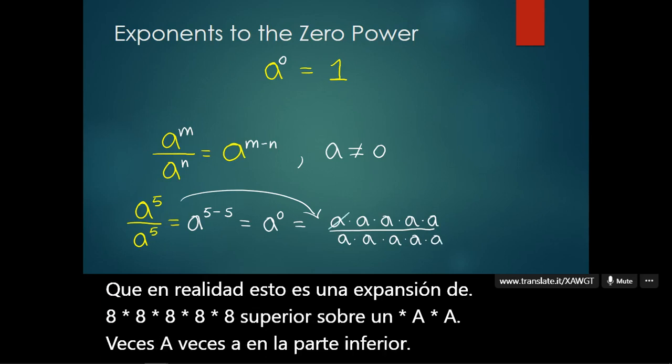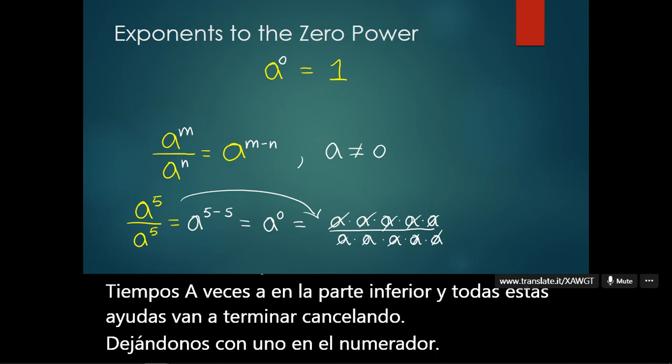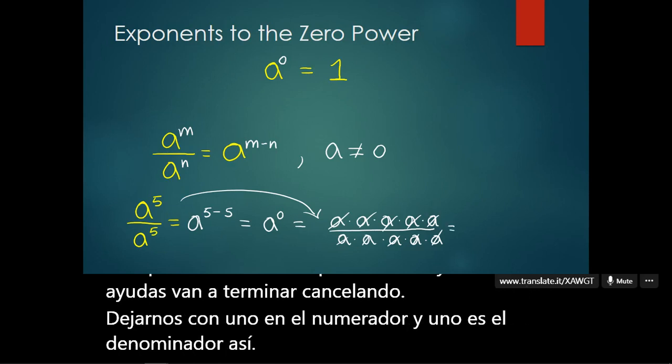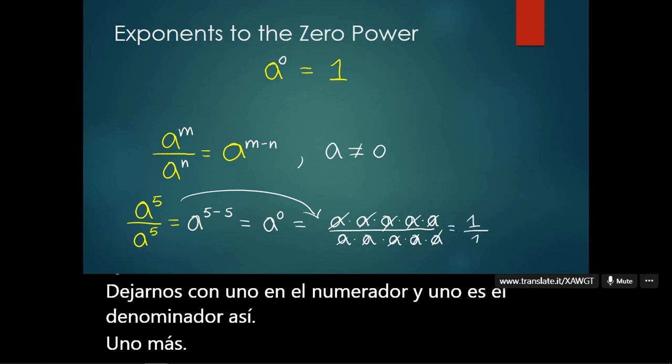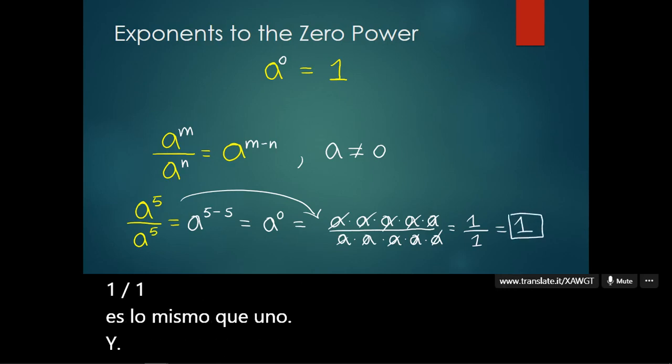And all these a's are going to end up canceling out, leaving us with 1 in the numerator and 1 as the denominator. So 1 over 1 is the same as 1. And this applies to all the numbers and all variables.